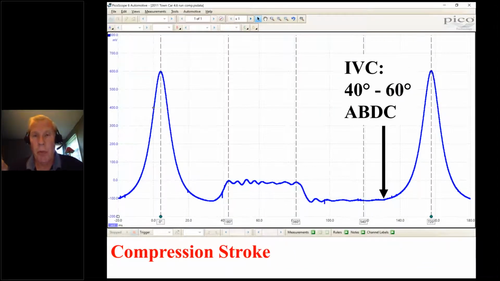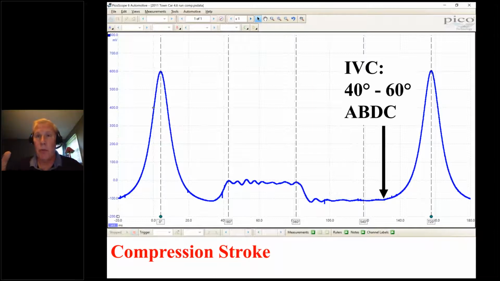So my rule of thumb is I expect most IVCs, intake valve closings, to occur 40 to 60 degrees after bottom dead center. So that is my expectation. So here's my bottom dead center, and that point's about 40 to 60 degrees after bottom dead center.